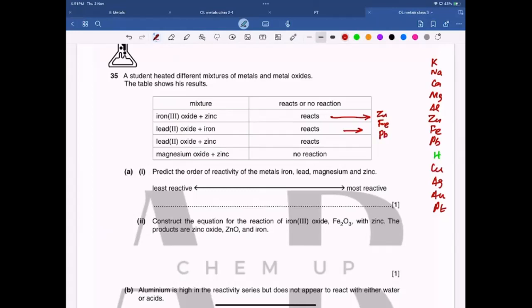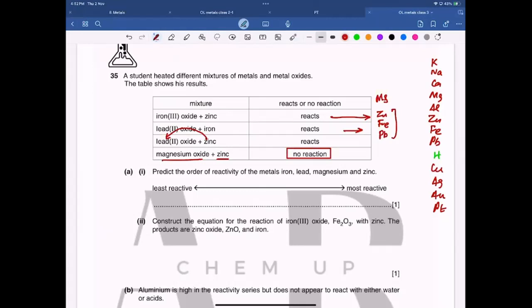Then this is also indicating that because reaction is occurring, zinc is displacing the lead, so zinc must be above lead, and that's what we have concluded over here on this side. Now zinc is reacting with magnesium oxide and no reaction, so it means magnesium is more reactive than zinc, so magnesium must be over here. That's why this reaction does not occur. Is this clear?